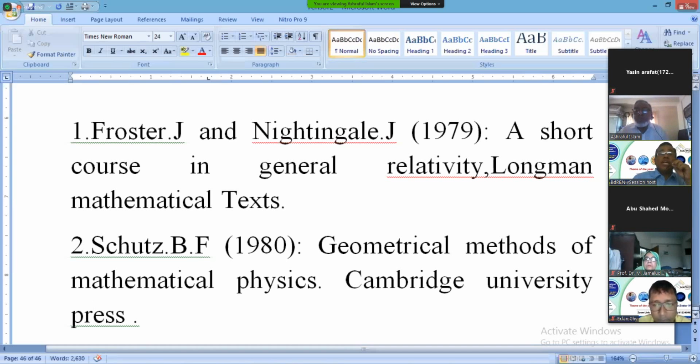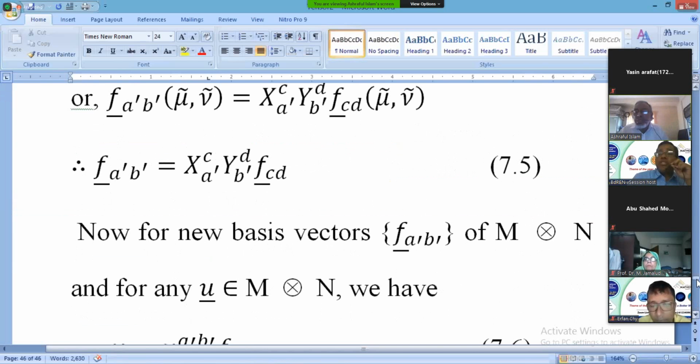The question is, functionals are linear at every slot, so in what aspect, mathematical or geometrical? It is mathematical.